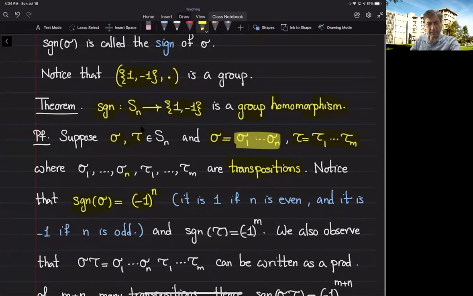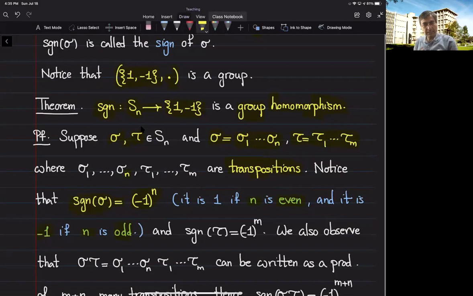sigma. Again, notice that if n is even, then sign is 1, and that's identical to what we have over here. -1 raised to some even power is 1. And when n is odd, then -1 raised to some odd power is also -1, which is consistent with saying that sign of sigma is -1.